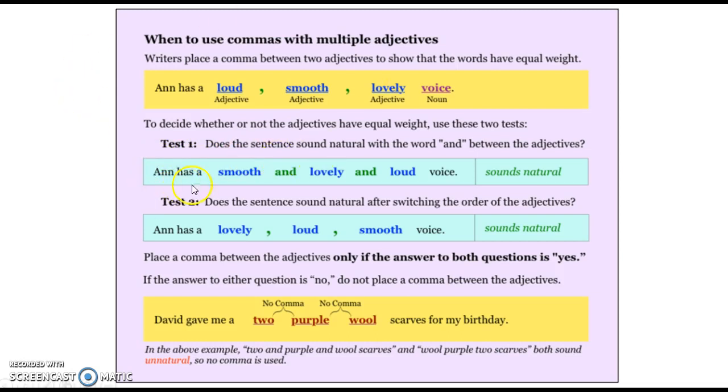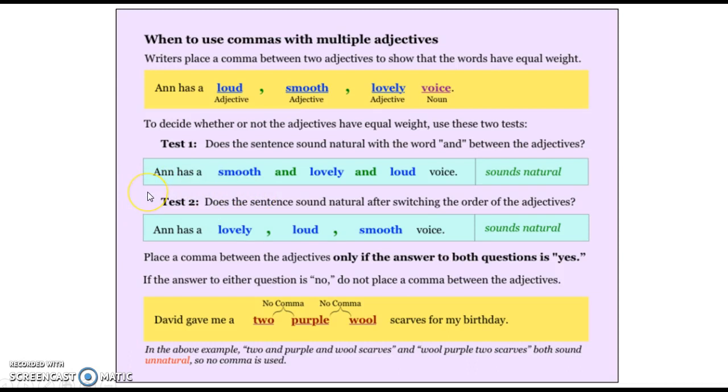So if I said, Anne has a smooth and lovely and loud voice, that's fine, right? We could do that. That's maybe a little bit long, but that would work. So that indicates to us that we could have commas in between.